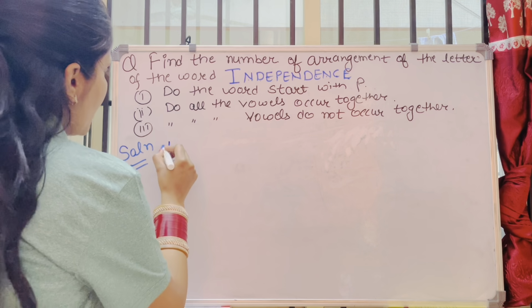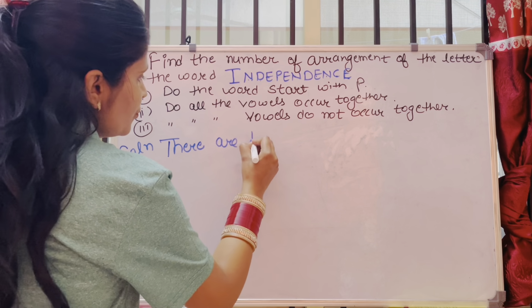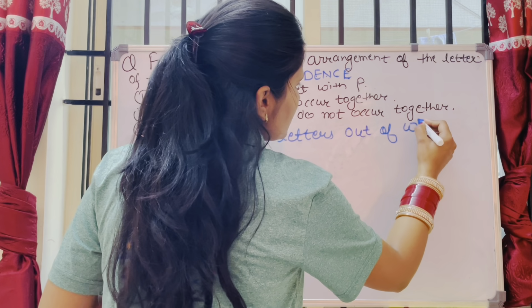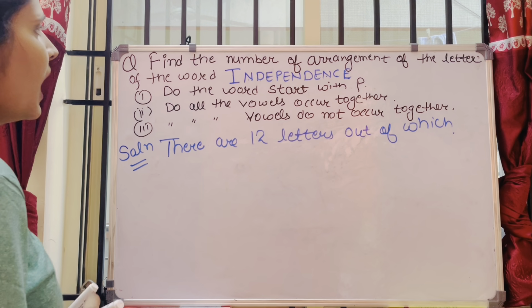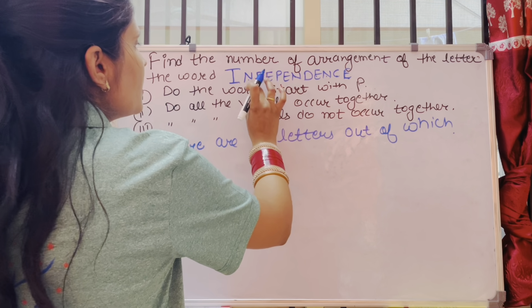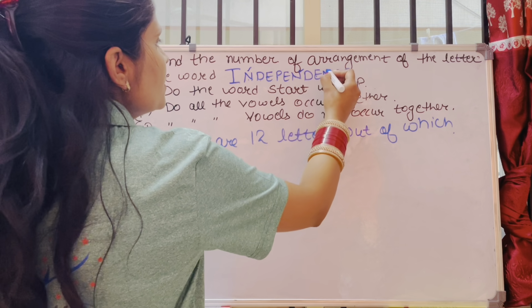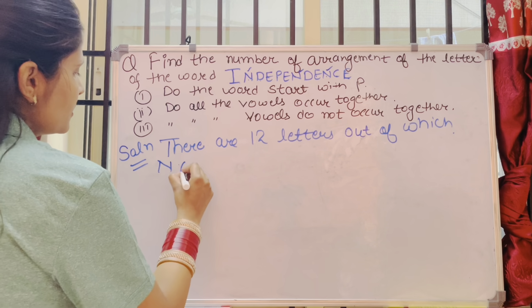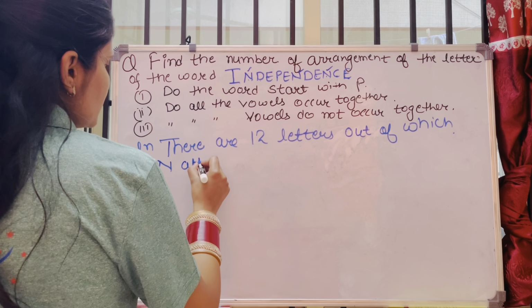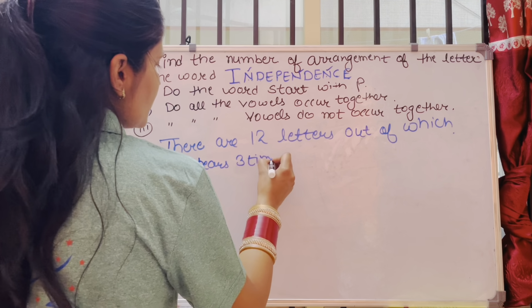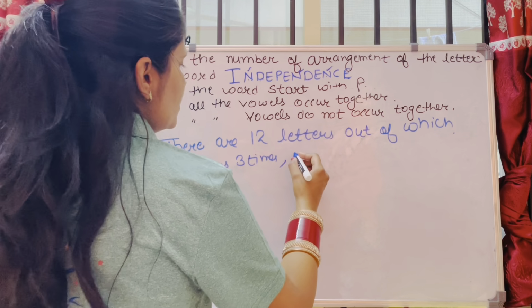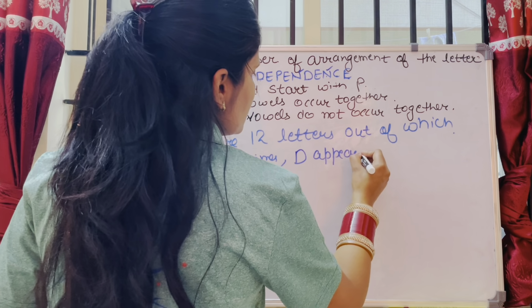So in independence there are 12 letters, out of which N appears 3 times, and D appears 2 times.